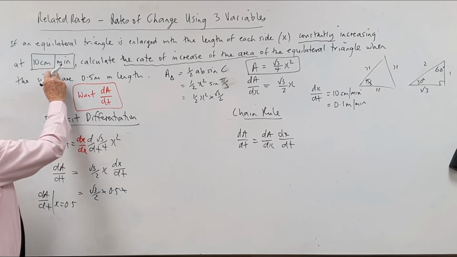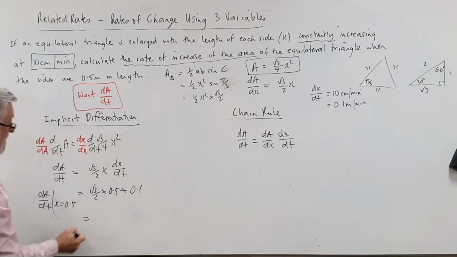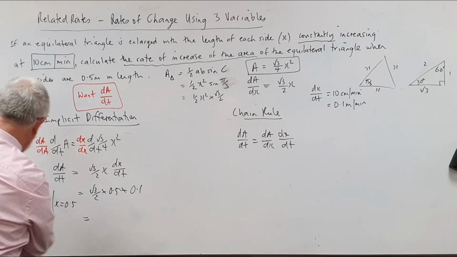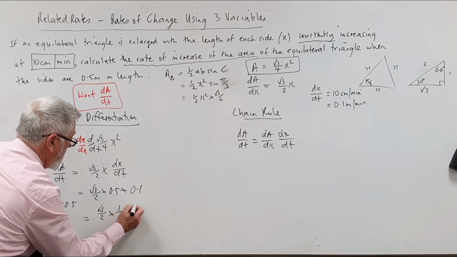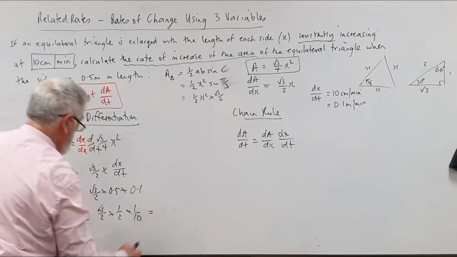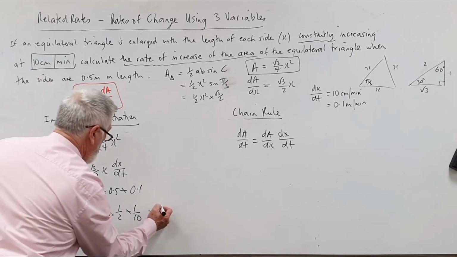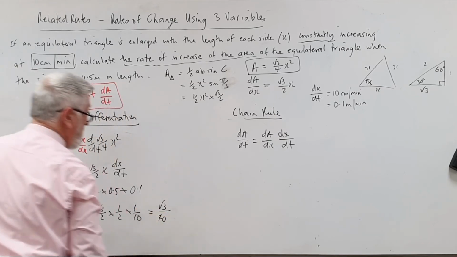Yep, so dx dt was 10 centimetres, so we change it back to 0.1 and we write the answer in. Well, I left them all as decimals. That'd be easier to go root 3 on 2 with a half and a tenth, isn't it? So all I've got is root 3 on 40. And what's our units?